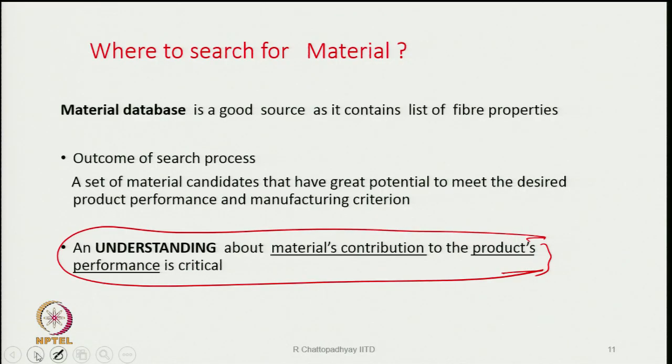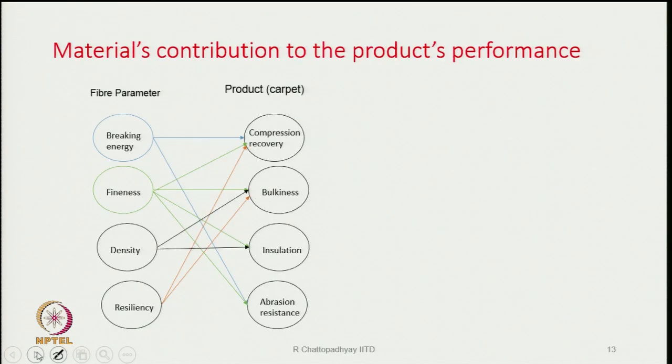See, the performance and property of the basic element of the product, that is the fibers or maybe yarn, that understanding has to be there, then only it will be easy to understand. Like we have given here the material's contribution to the product performance.